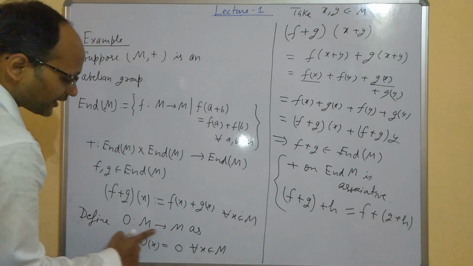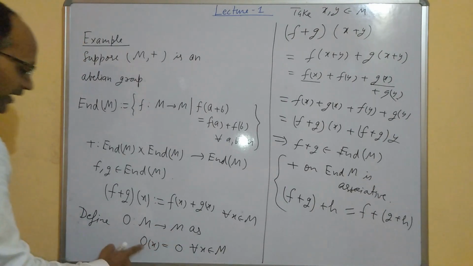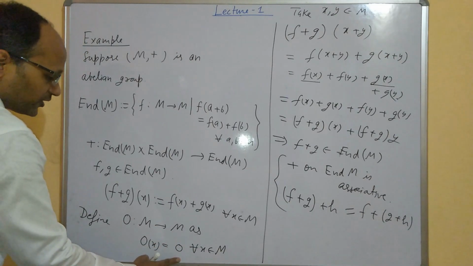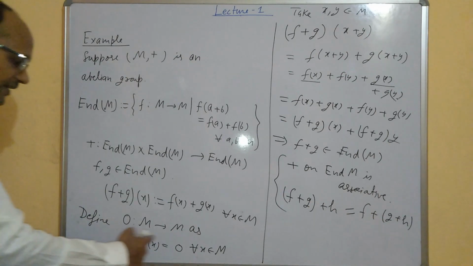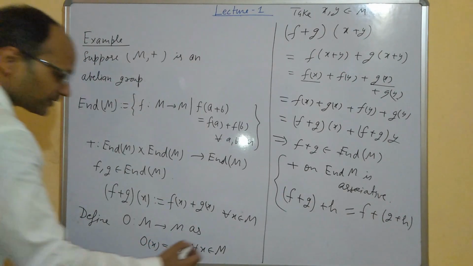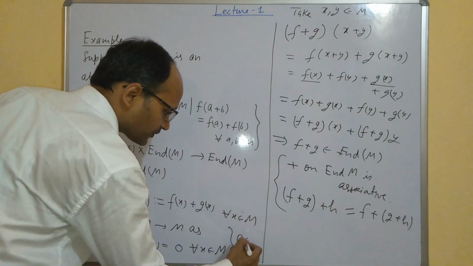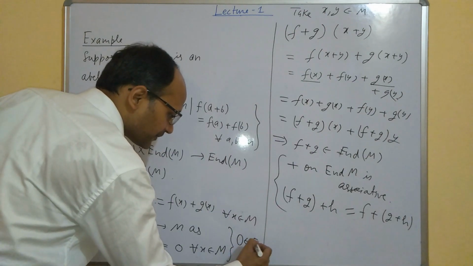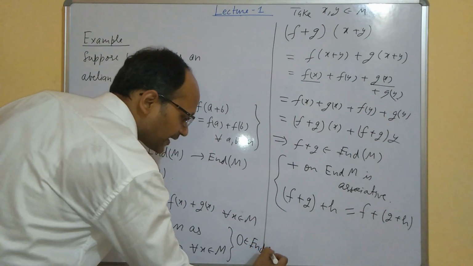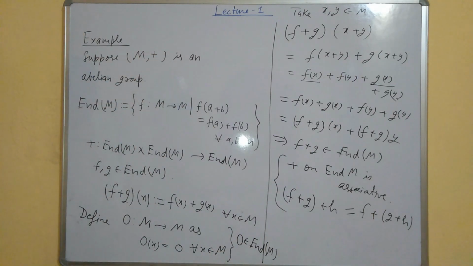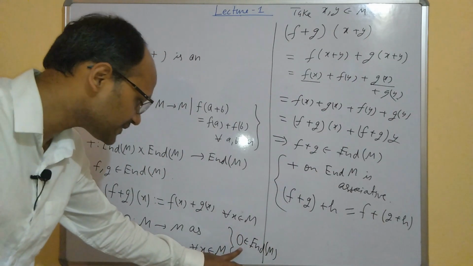This 0 is the additive identity of capital M, or identity of capital M. So everything is going to 0. This is a homomorphism. So this 0 map belongs to End M.